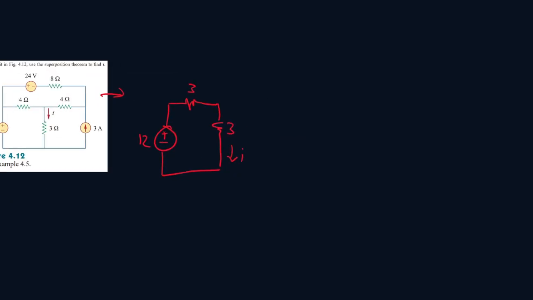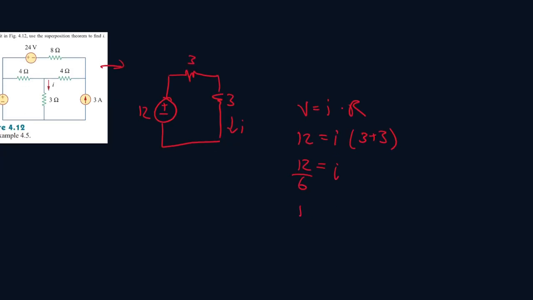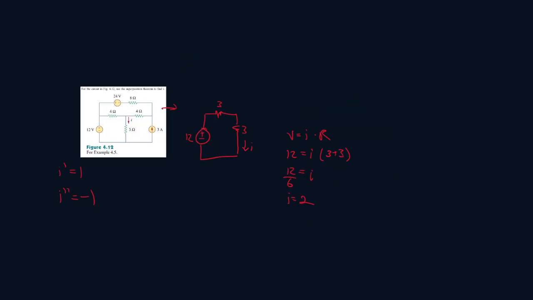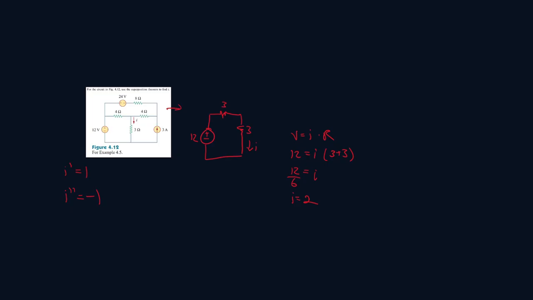So now we can find I. So we know V is equal to I times R. V is 12, I times 3 plus 3. Sorry, I should not say I1, just I. I is 2. And this I will be I triple prime.